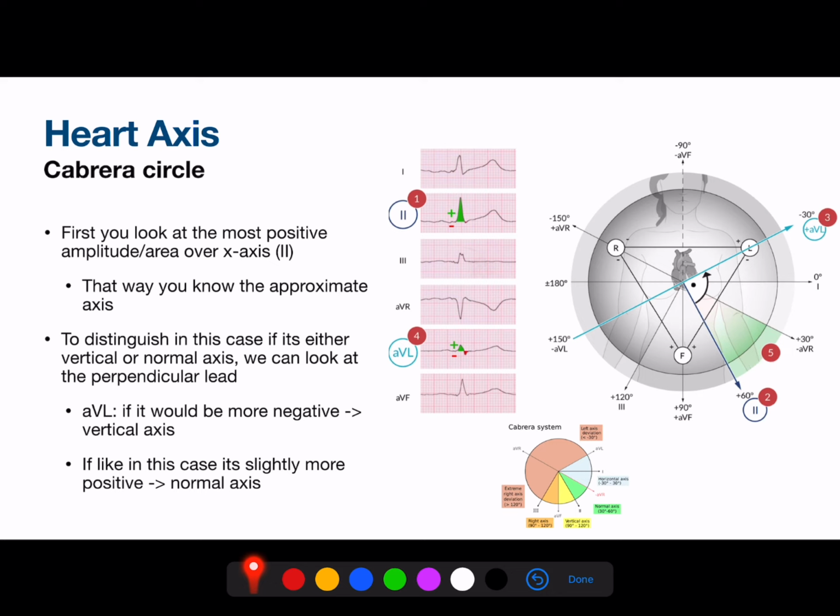The axis of the heart, like I already mentioned, depends on many things. It also depends on the physiological anatomy of every person. So between 0 and 120 degrees, it can be normal. Of course, if there are some troubles or if the axis changes over time, we always have to think about some pathologies.